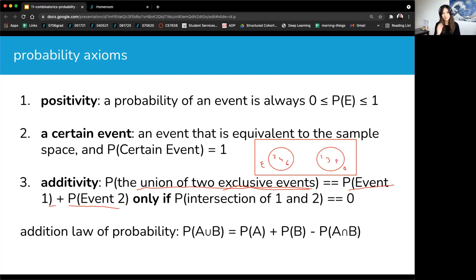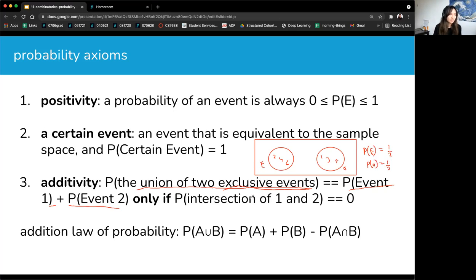With just these 6 numbers, we know that the probability of even, the way that you write it is like this, is 1/2. Probability of odd is also 1/2.